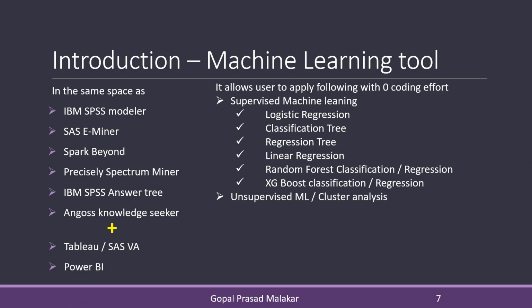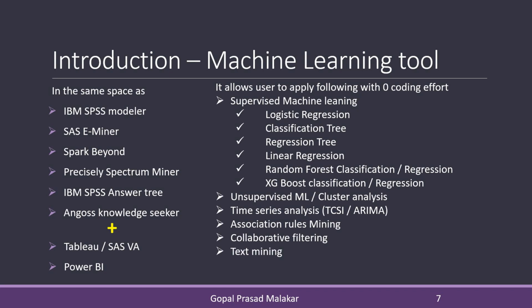Then it has unsupervised machine learning or cluster analysis, time series analysis, association rule mining, collaborative filtering, text mining, and it also enables the user to conduct regular analysis. This part is actually part of everything here. In everything you get this part anyway.